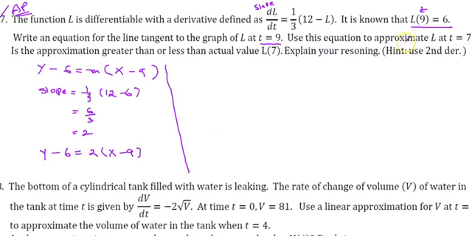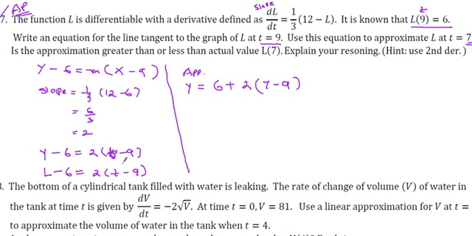Use this equation to approximate at t equal to 7. So I have to approximate L of 7. This is not x, I'm sorry, this is t, and this is L. L minus 6 is equal to 2 times (t minus 9).